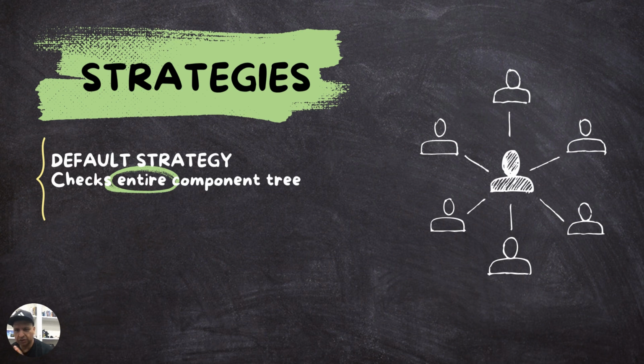Let's look into the strategies, right? So in Angular, there are currently two strategies. And when I last talked to Minko about that in our Angular podcast, he mentioned that there might be a third one, which will be tied directly to signals, but we'll have to wait and see on that.